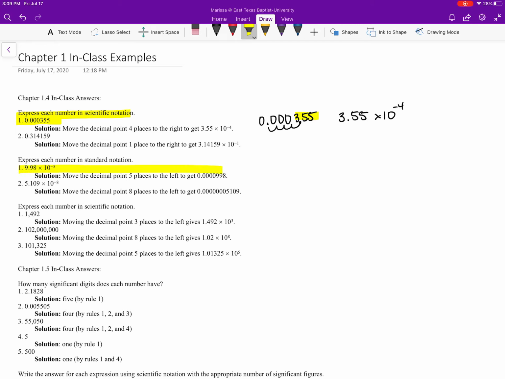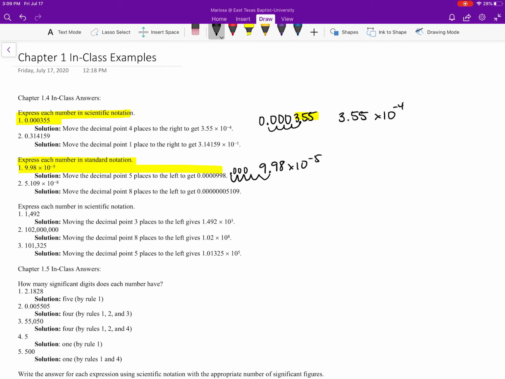Now we're going to work the opposite way. We're going to take the number from scientific notation and express it in what's called standard notation. So we're going to do the opposite of what we just did. I'm going to take the decimal place and I'm going to move it 5 times to the left to get that really small number.